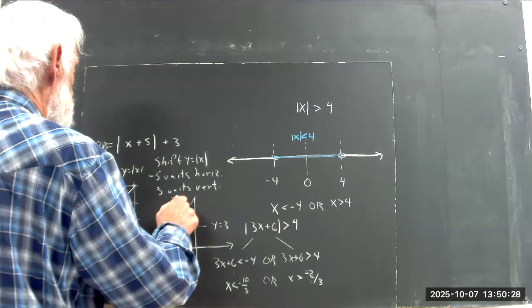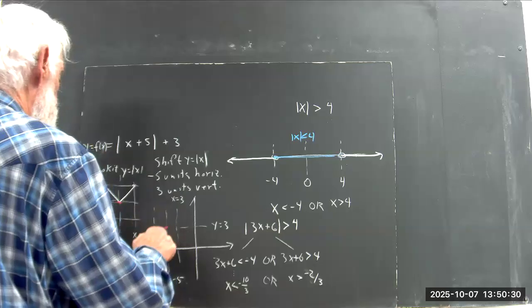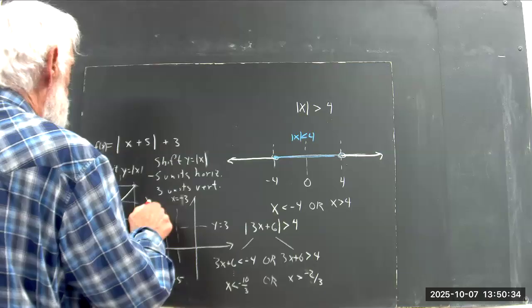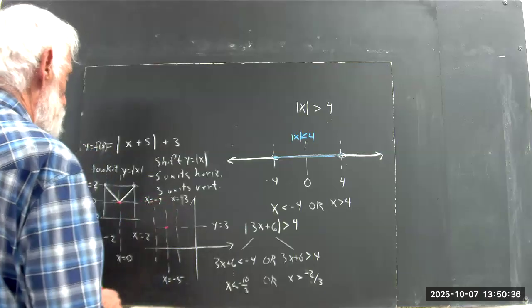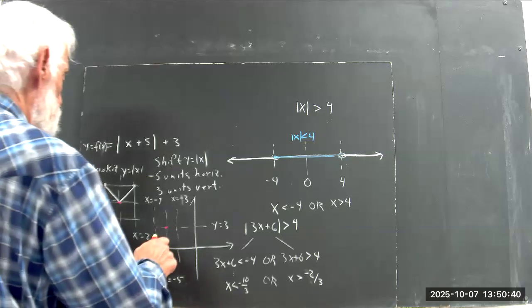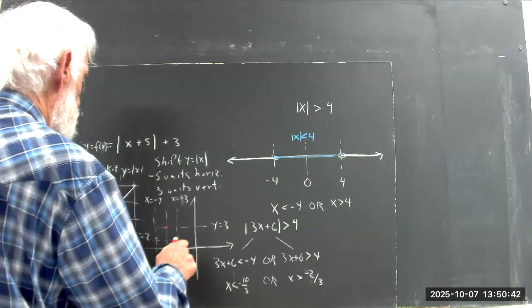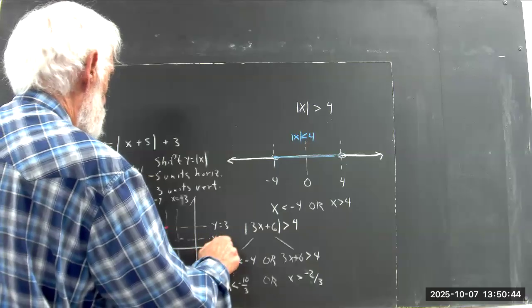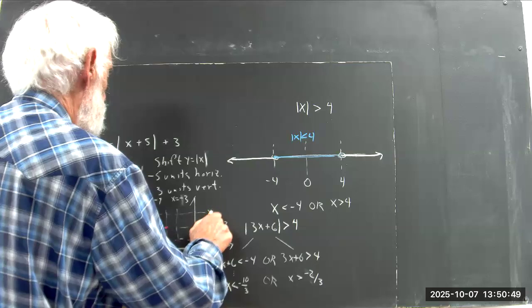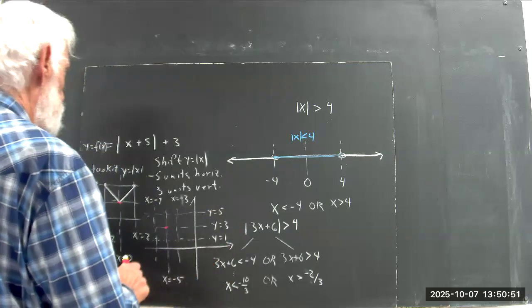You get the line, you get X equals negative 3 here, and X equals negative 7 here. And you go 2 units below and 2 units above, you get Y equals 1 and Y equals 5.